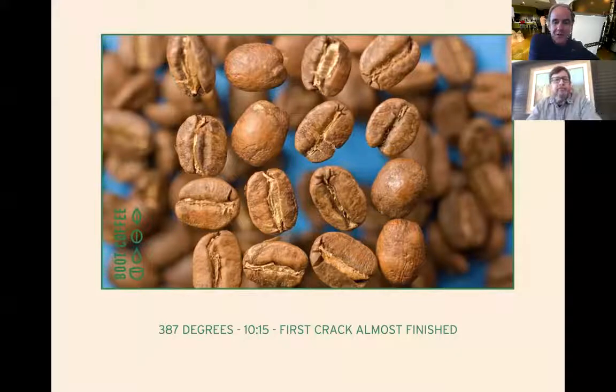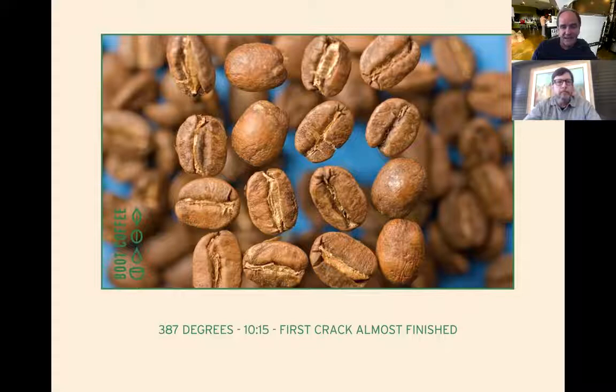So first crack almost finished. Now we are obviously well into what we call the roast development, into the development cycle. The development cycle starts at the early onset of the first crack and continues until you finish your roast. And you can see color changes.